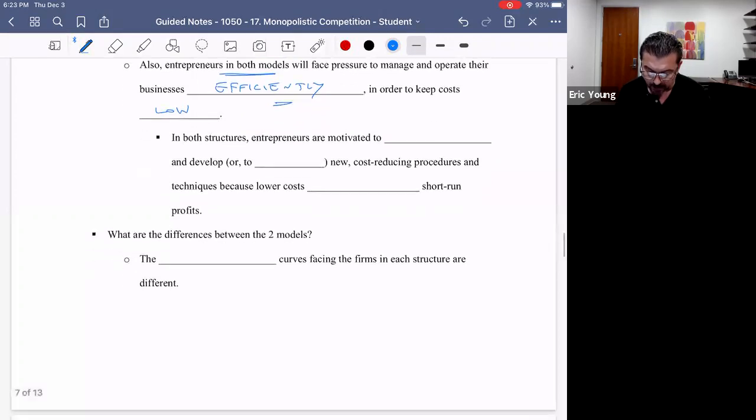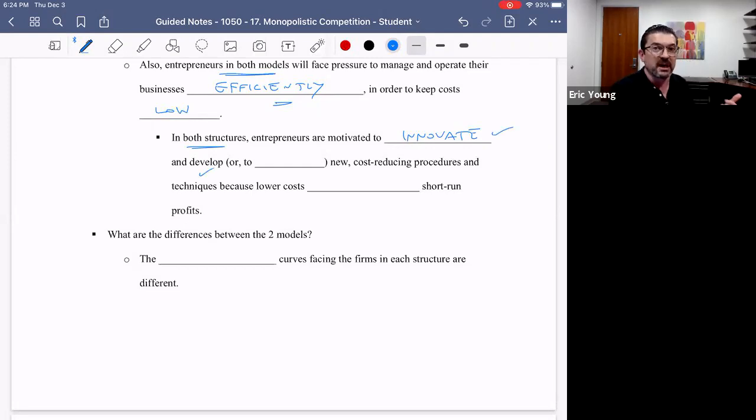Okay? This implies that in both PC and MC, in both structures, entrepreneurs are going to always face motivation, always face incentive, always face pressure to innovate and to develop new cost-reducing procedures. Critical to understand that there is tremendous pressure in these structures on entrepreneurs to innovate and to develop.